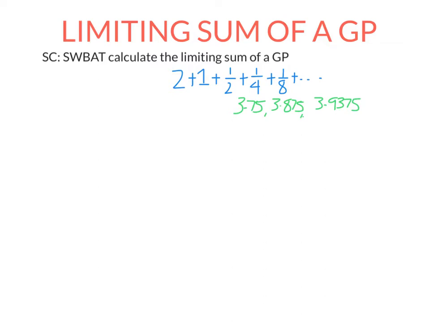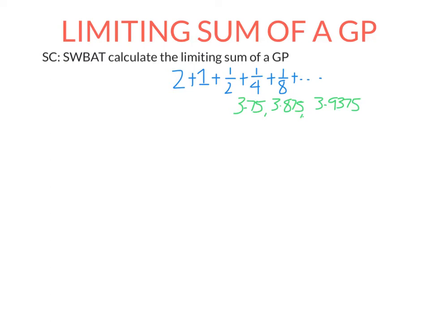What is happening is because r is between -1 and 1, each subsequent term is getting closer and closer to 0. So when I'm adding them up, each time I'm adding a little less than the time before. So this is what we're going to see is a limiting sum of a GP.